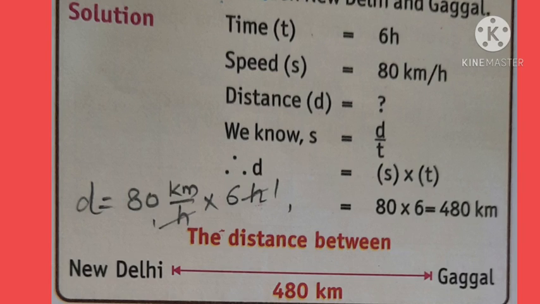So we can find the distance. The formula is speed equals d by t, or we can write d equals s into t. So 80 km per hour times 6 hours, the answer is 480 km. So the distance between Delhi and Gagal is 480 km.